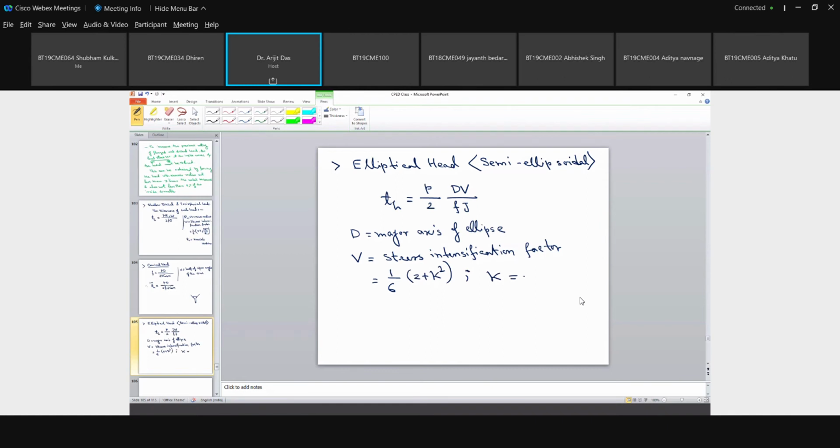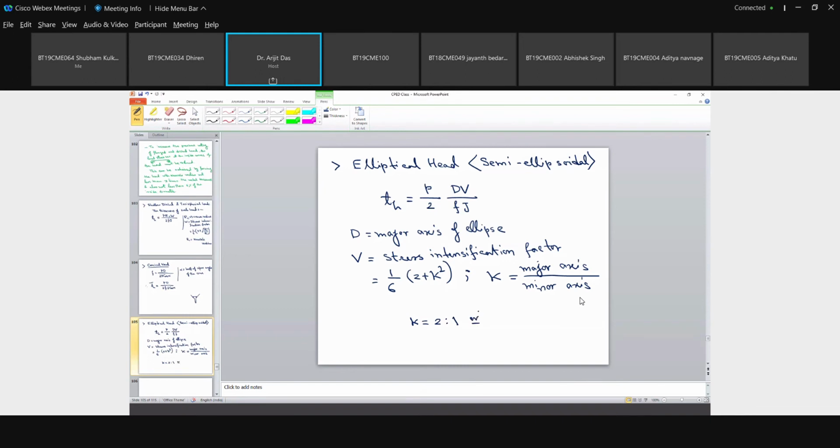K is nothing but the ratio of major to minor axis, major axis divided by minor axis. Okay. And for semi-ellipsoidal, major to minor axis ratio is 2:1.